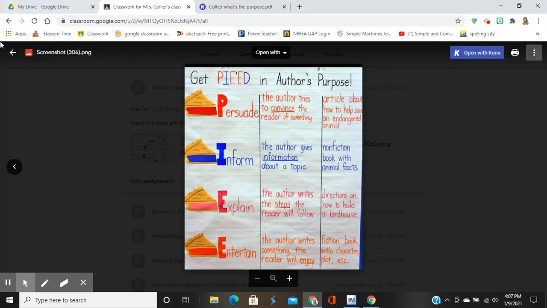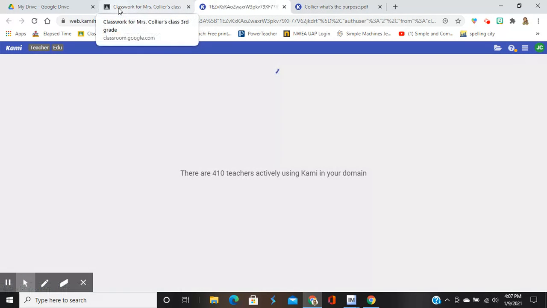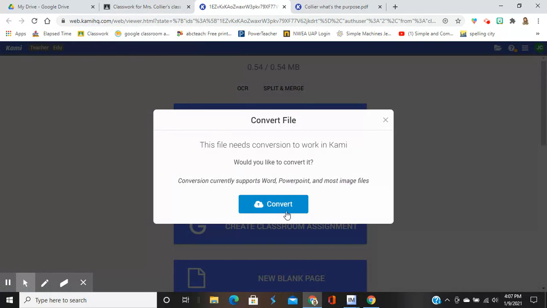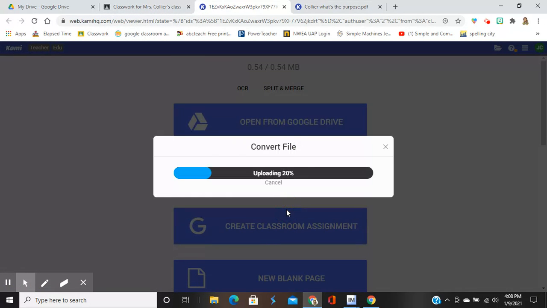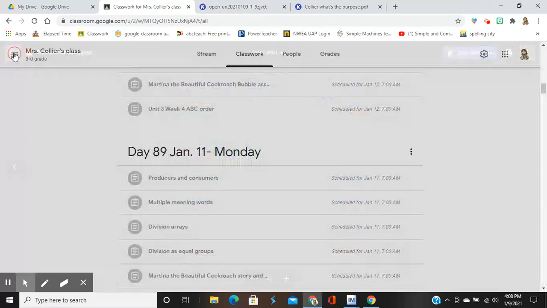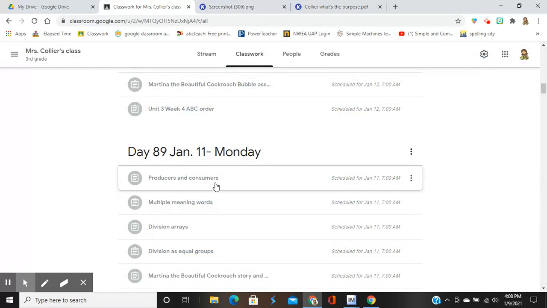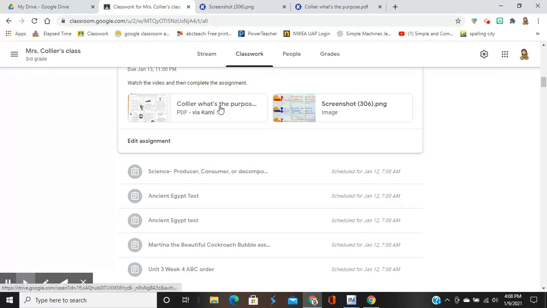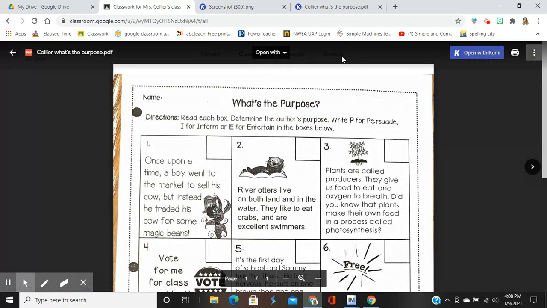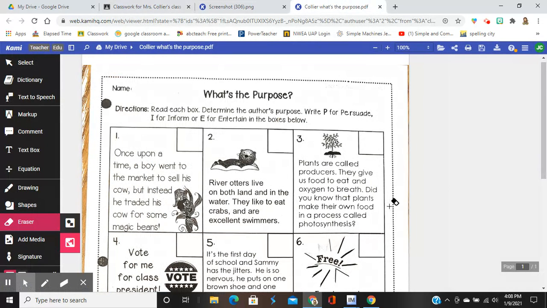So now let's open up the actual assignment. I'm going to open it with Cami, even though I'm not going to type on it. And then I'm going to open up the assignment itself and do it with Cami.